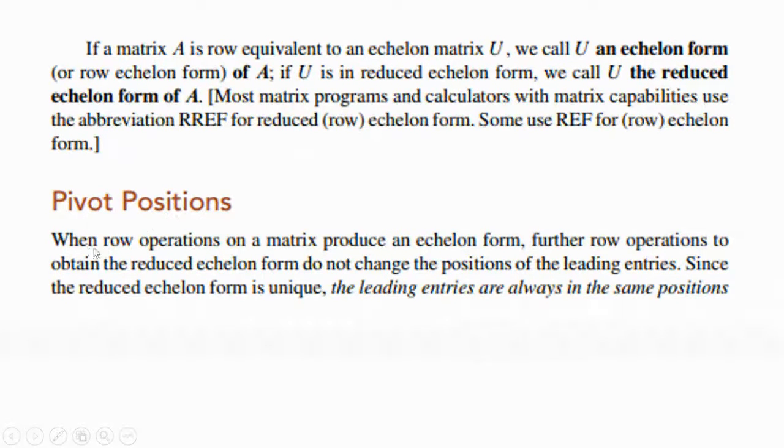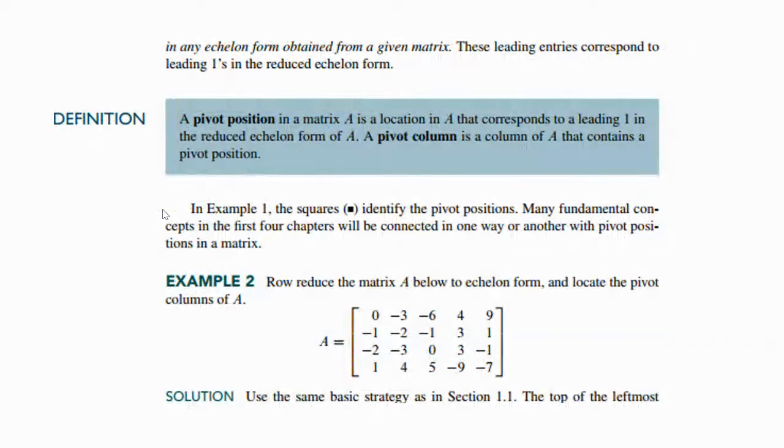So, pivot positions. When row operations on a matrix produce an echelon form, further row operations to obtain the reduced echelon form do not change the position of the leading entries. And so the leading entries are always in the same position. Those are called the pivot positions. And here's the definition of a pivot position.